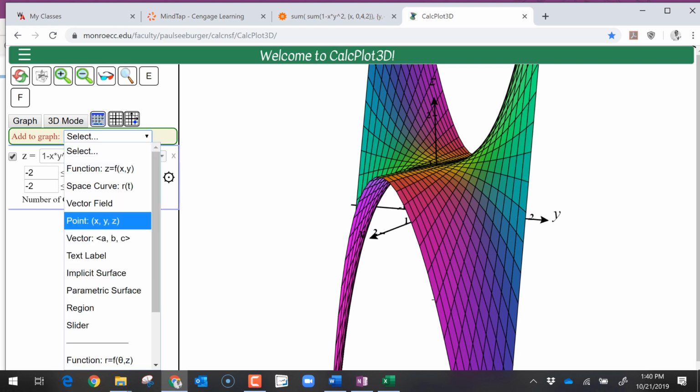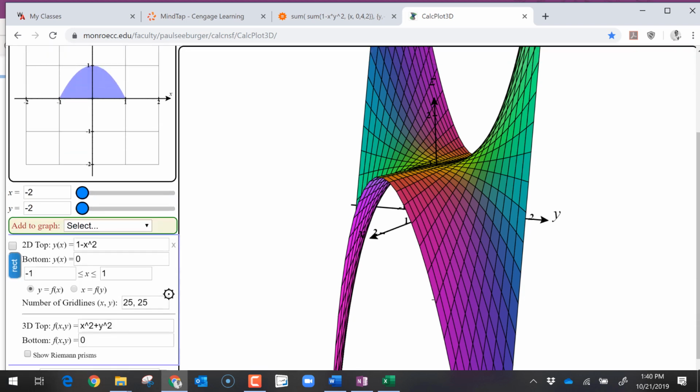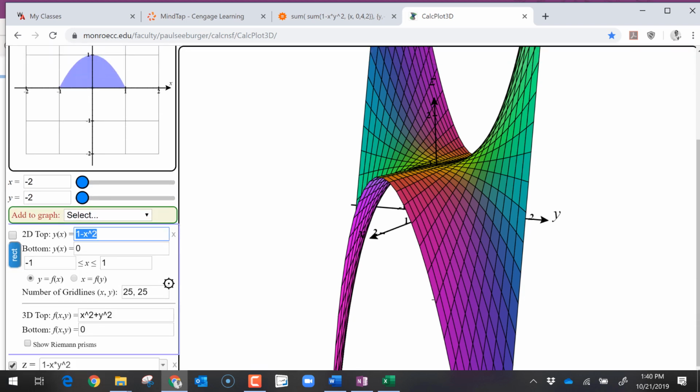So what I'm going to do is create a region in this program where the y value goes as high as 2, and the y value goes as low as -1, and then the x goes from 0 to 4, right? And then I need to copy this function again. It's 1 minus x times y squared.